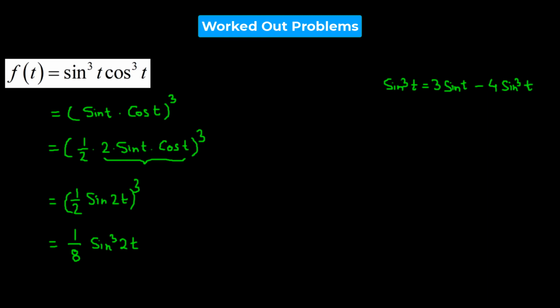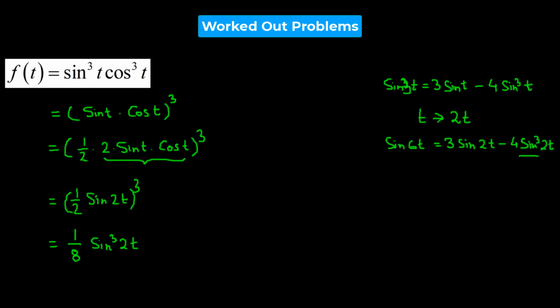This is sine 3t. Sine 3t is equal to 3 sine t minus 4 sine cubed t. Now, if we replace t by 2t, then we're going to get sine 6t equals 3 sine 2t minus 4 sine cubed 2t.